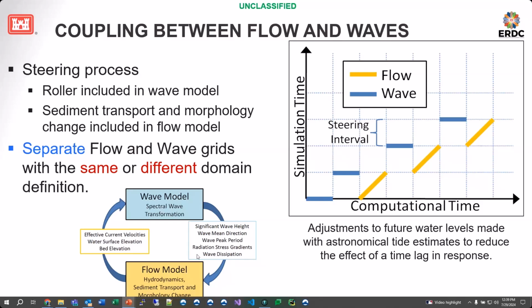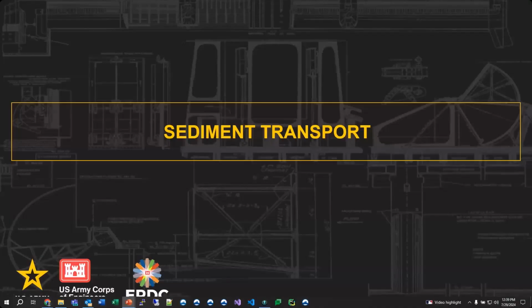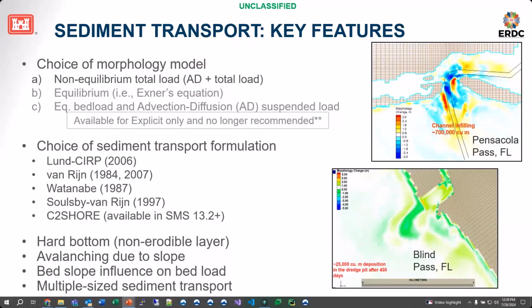Again, we're showing here a little bit of how the different information is shared between the different models, but we've already covered that. So now, talking about sediment transport, there are 3 different choices for the morphology model.